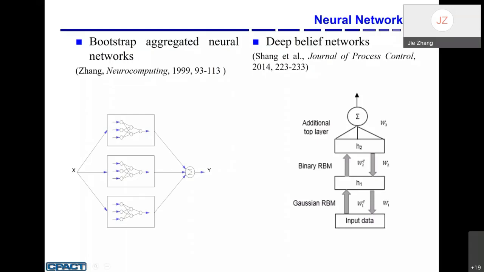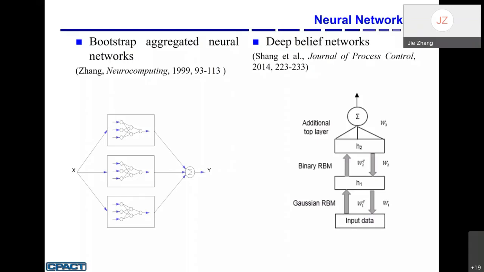But if you have a lot of different thermocouples, different thermometers to measure temperature, some may give you a measurement higher than the true value, some lower than the true value. So you get some positive error, some negative error. If you take the average, if you combine them, the error will reduce. So by combining a lot of these imperfect models, we can improve the model accuracy and reliability.